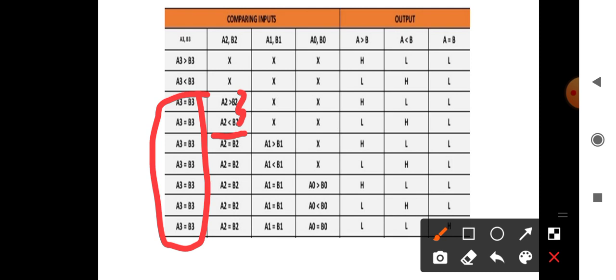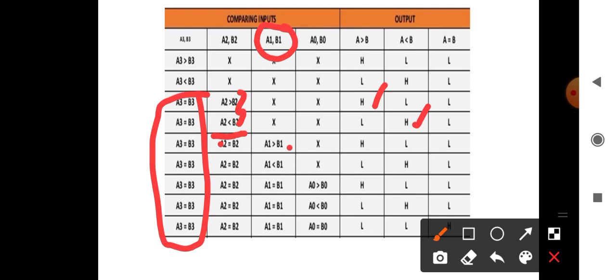When A2 is greater than B2, then A is greater than B is taken as high. When A2 is lesser than B2, A is lesser than B is taken as high. When A2 is equal to B2, then it will not take A is equal to B, and it will compare A1 and B1.